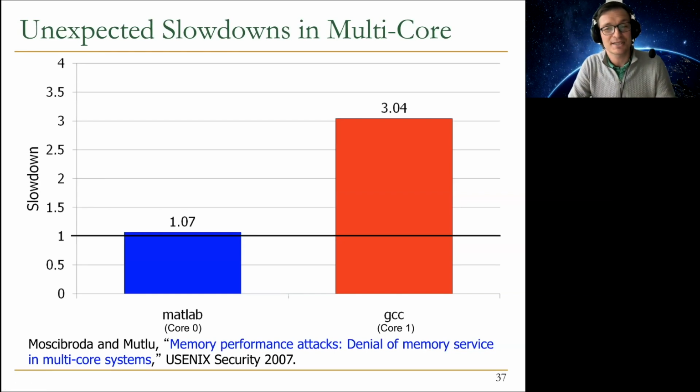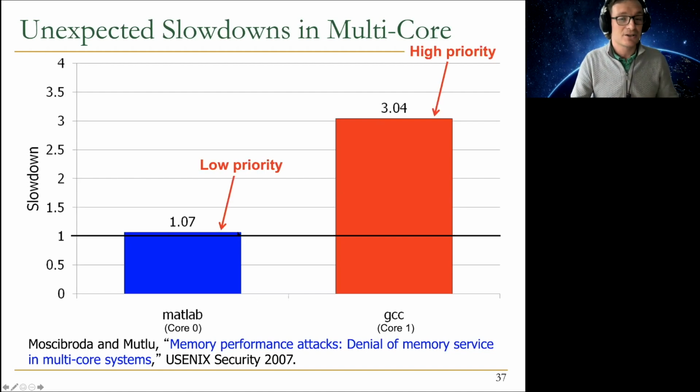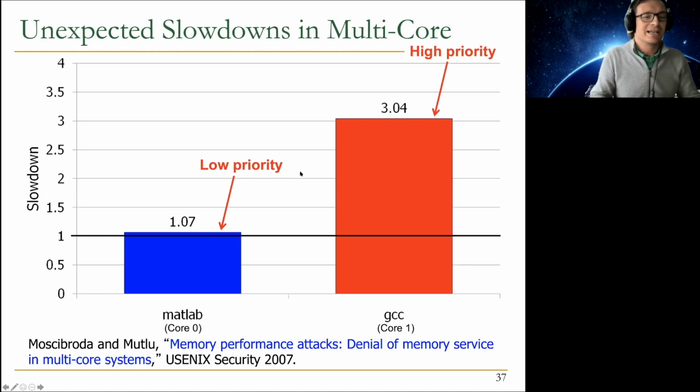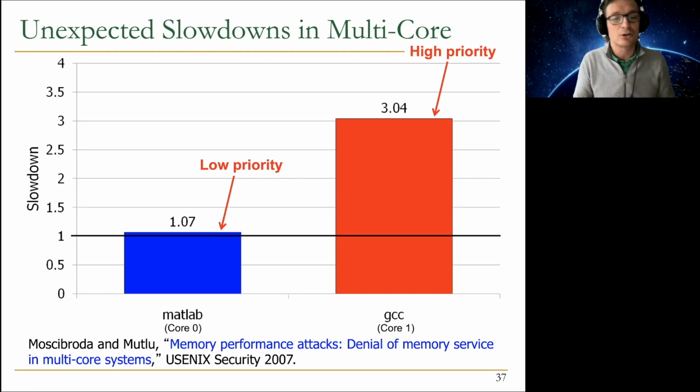Immediately you say, this looks unfair, and that's certainly true. But also, it's low performance because now GCC is not getting a lot of performance. If it were running alone, it would have run 3x faster. Somehow MATLAB is hogging the resources. So you go and say, maybe I did something wrong in the operating system.